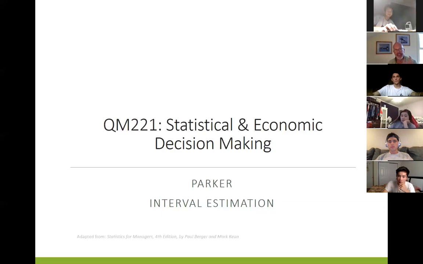From those samplings, they can then make some assertions about the population. That deals with our first topic today, interval estimation. By doing a sample, can we make a prediction about the population, and how accurate would it be? That's where we're going.